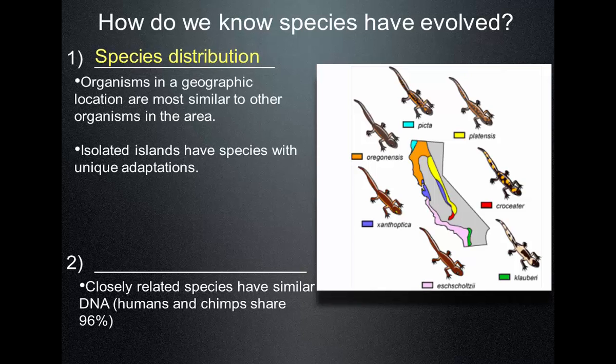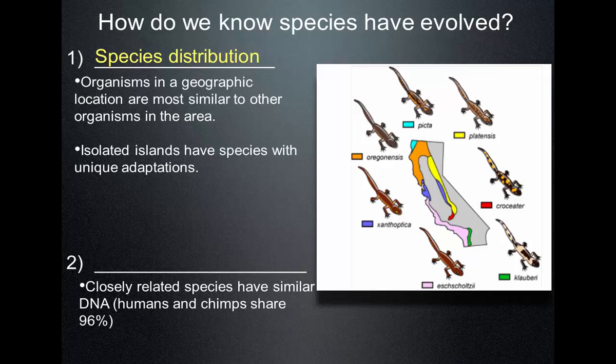Okay? If we look at, for example, Australia, a large island, it's been separated from much of the mainland. And therefore, the species that were there on Australia, as they have evolved, they evolved differently from all the different species that are on the other continents. Okay, they're isolated, so they developed these unique adaptations.